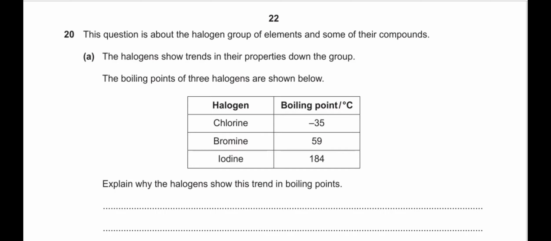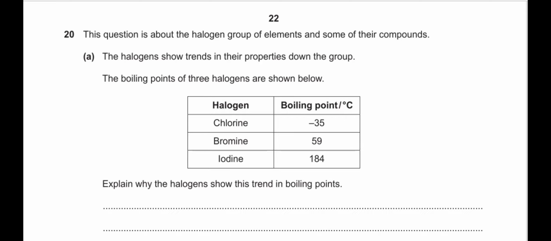The halogens show trends in their properties down the group. The boiling points of 3 halogens are shown below: chlorine, bromine, iodine, and their respective boiling points, and they show an increasing trend. Explain why the halogens show this trend in boiling points. Whenever we talk about boiling points or melting points, we should discuss the intermolecular forces and not the internal forces.